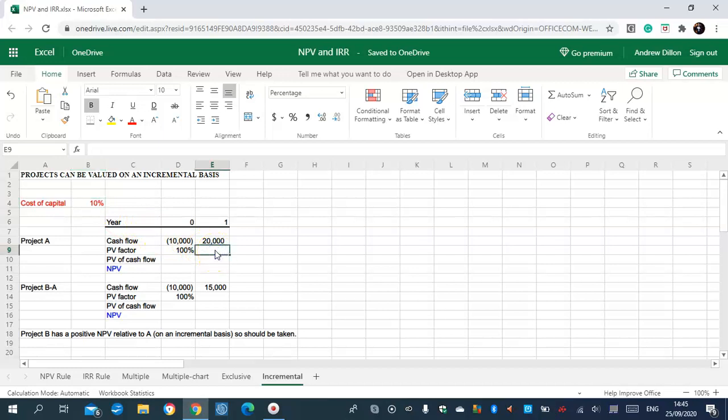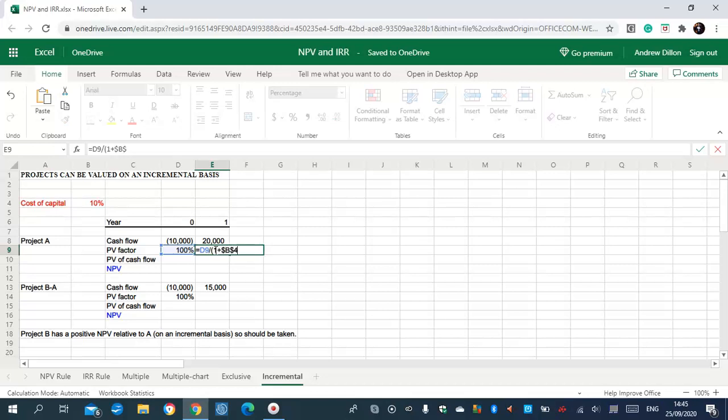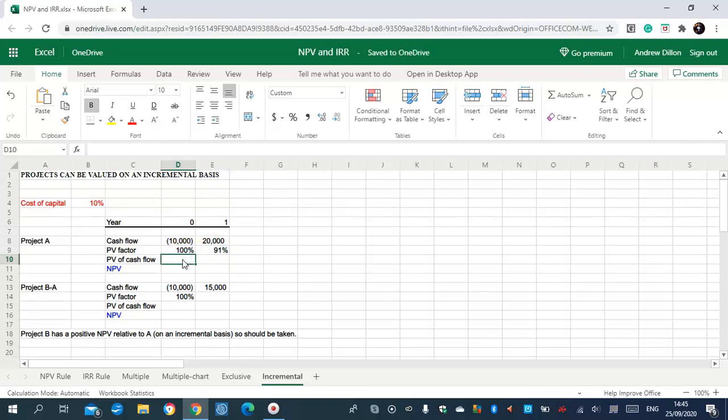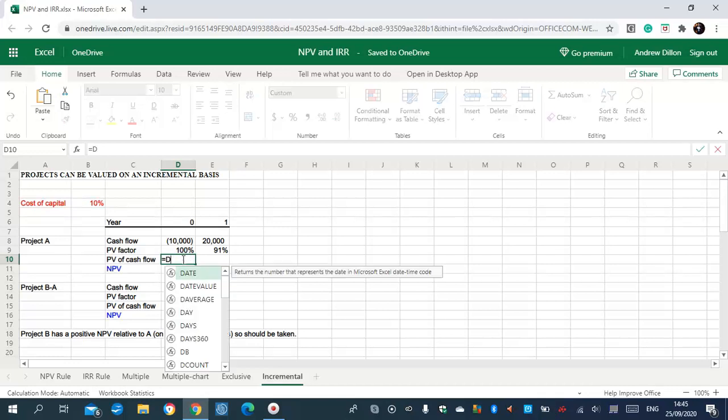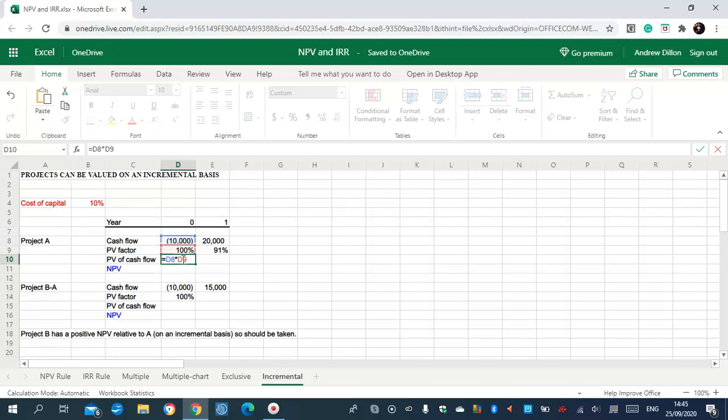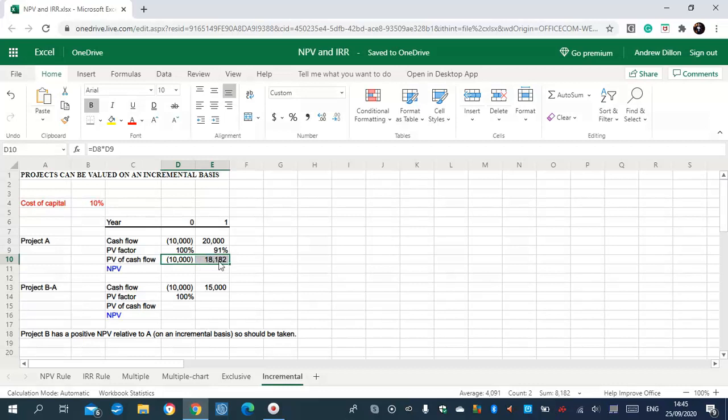So again, I need to calculate the present value factor for project A. Okay, present value of cash flow: $10,000, $18,000, and $182. Okay, the net present value.